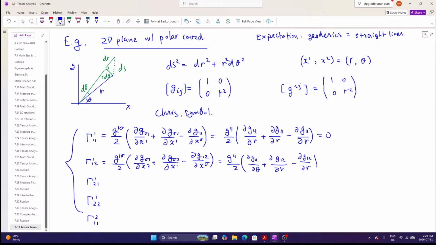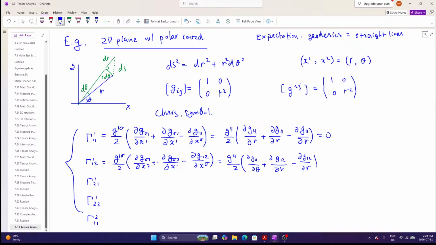Remember, this very factor, g1 sigma, is universal for all those 4 terms because 1 corresponds to this one. Because of that, you always get g1 sigma at the beginning upstairs, and for that reason, the second term, g12, is always 0.